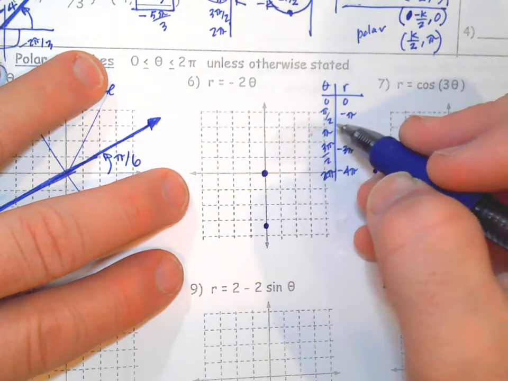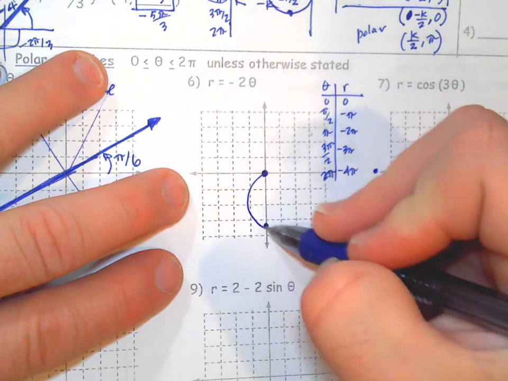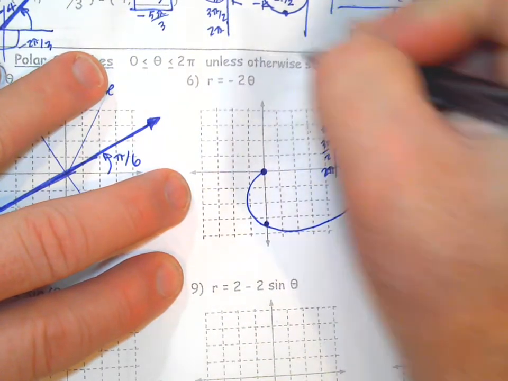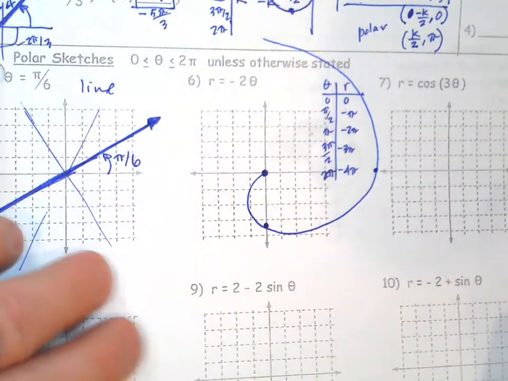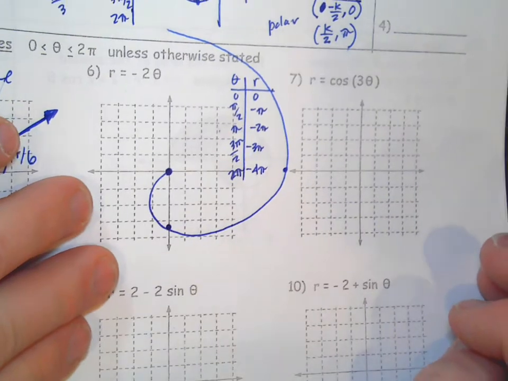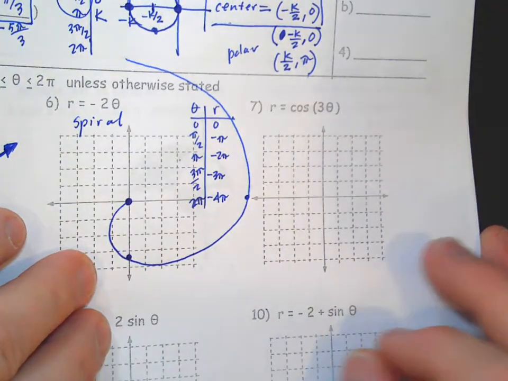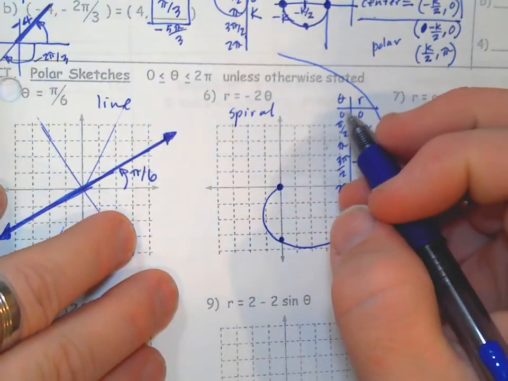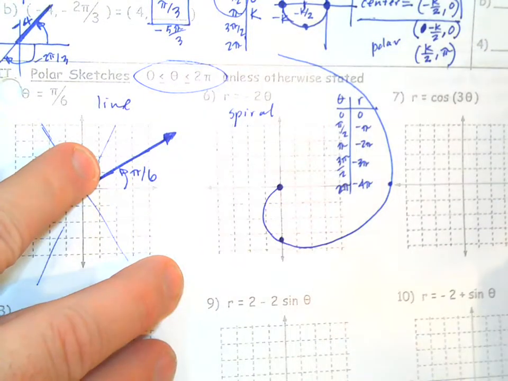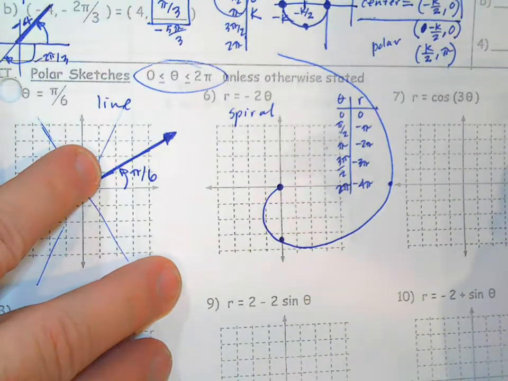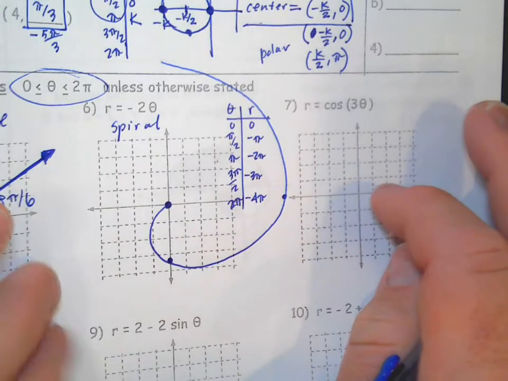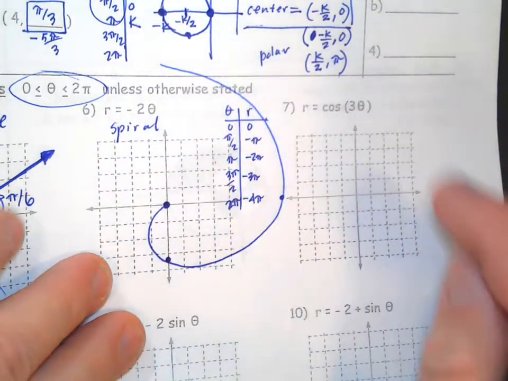I guess I could have made my graph a little smaller. It's going to look like this. It's going to be like a spiral, an Archimedes spiral. Okay, and we're only doing 0 to 2 pi, otherwise you'd get another one on the other side too.